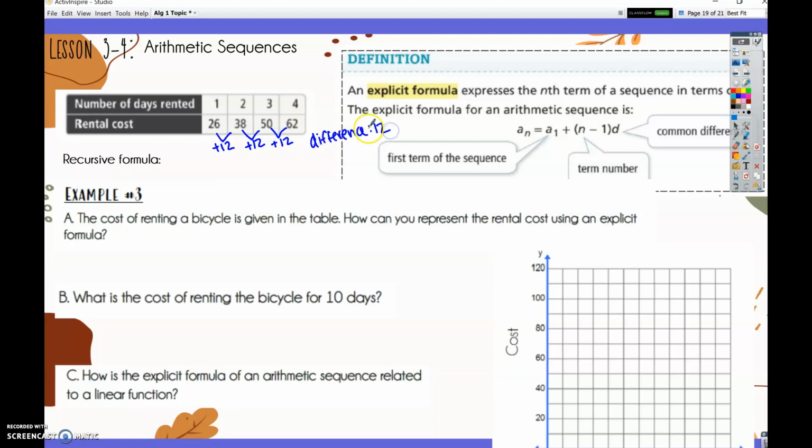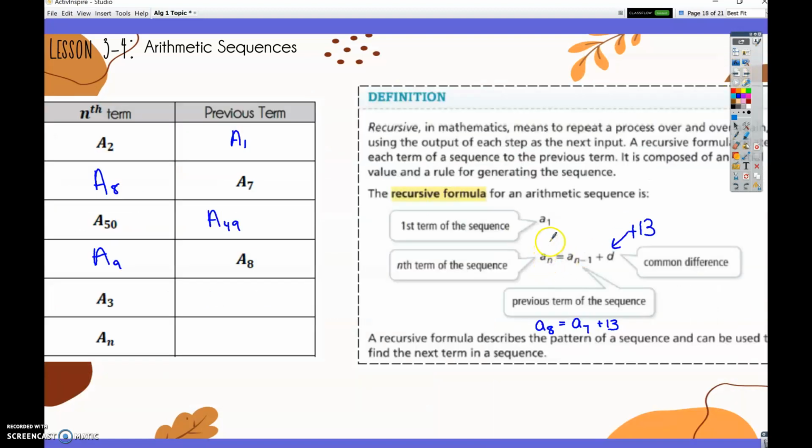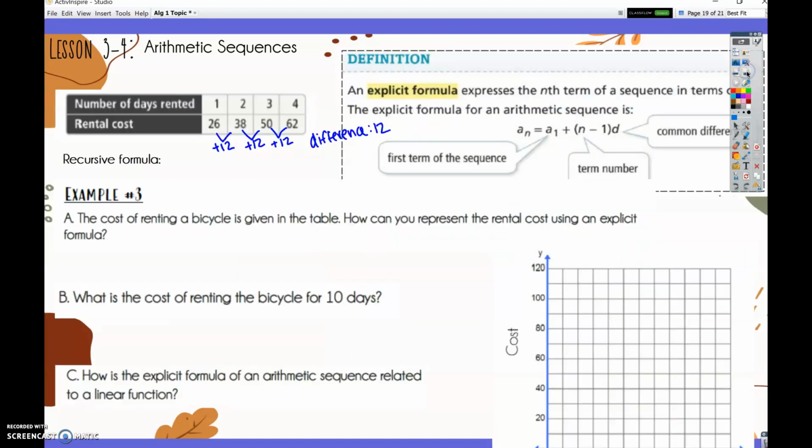That means we're adding 12, a positive 12, to each term from the previous. If they ever wanted us to write a recursive formula, so in the previous page we saw a recursive formula would say, give me your first term, always tell me the first term. So in this case, my a sub 1 is 26. For 1 day, it would cost $26.